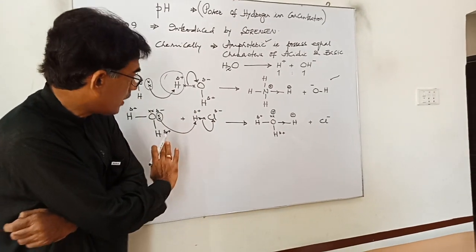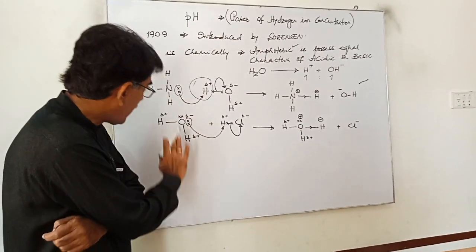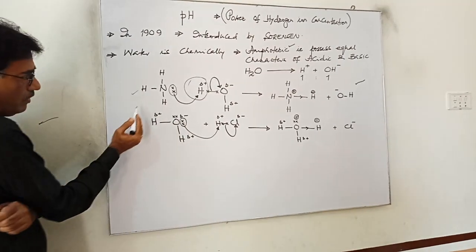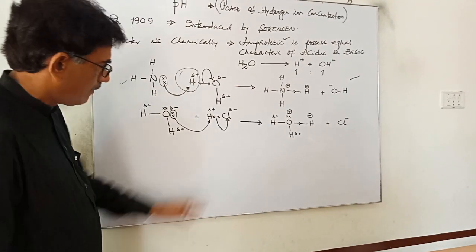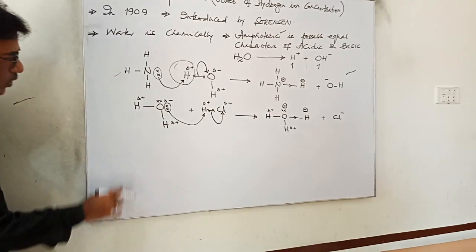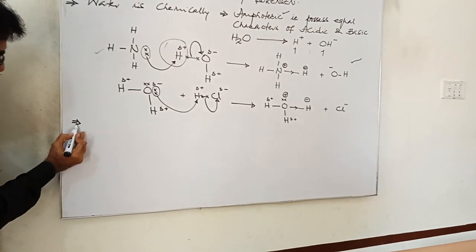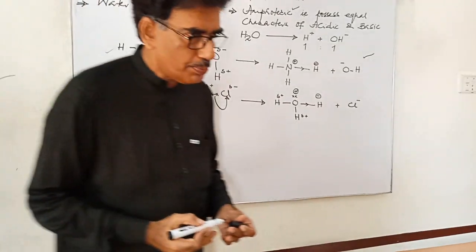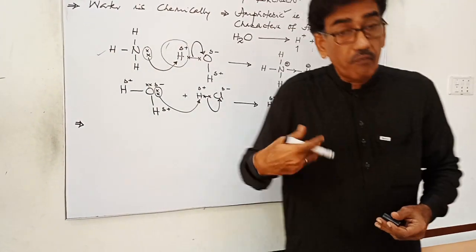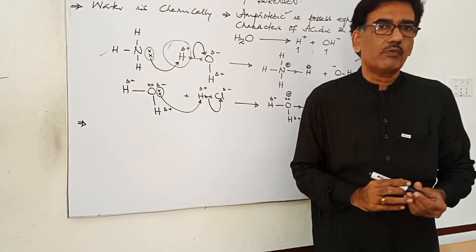So in this case water acts with basic character, while in the previous one that was acidic character. Now we have to follow another important chemical aspect which can also reflect the physical property of water.